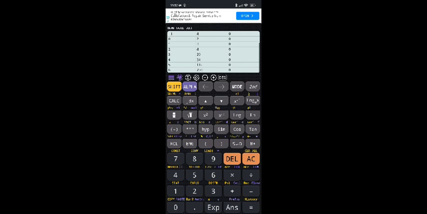I'm being clear here: what I'm looking for is where f of x is 0. I'm not looking for where x is 0. I'm not interested in that. I'm interested where f of x is 0. Tell me, what did you get there? Where is f of x equal to 0?